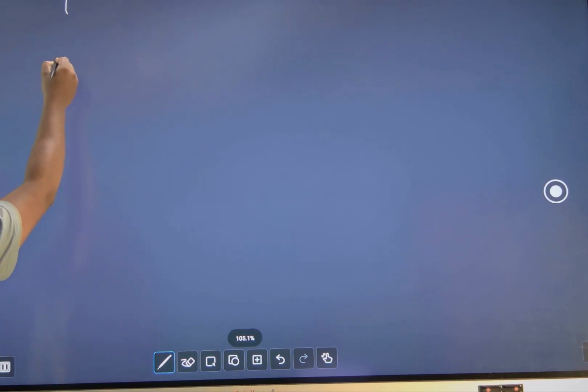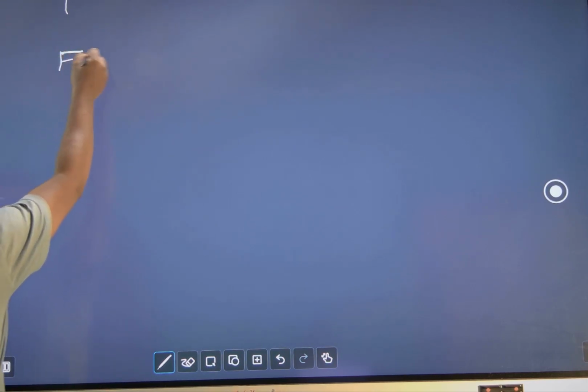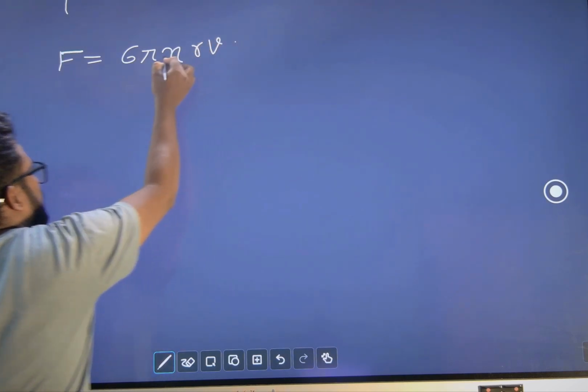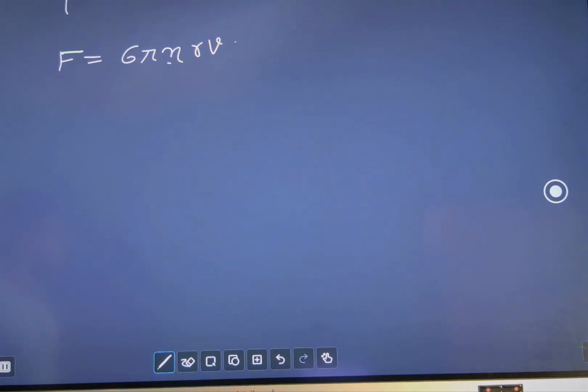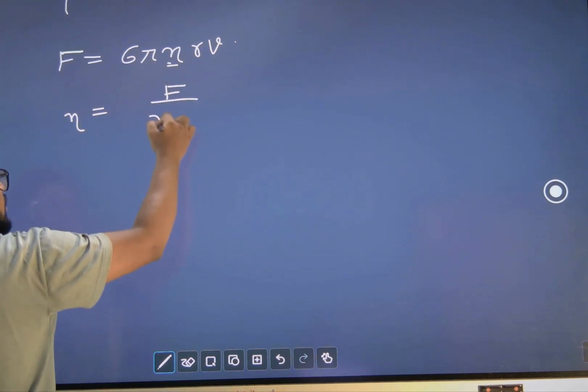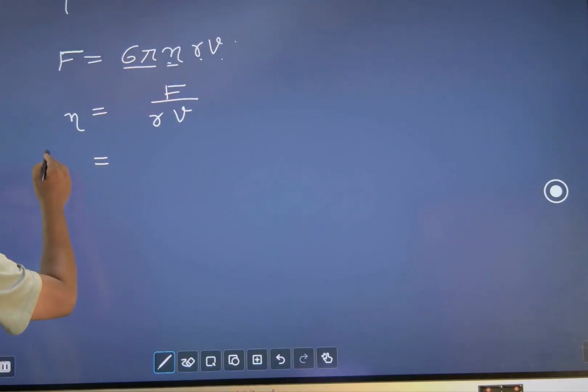Next one we have is Stokes law. F equals 6 pi eta r v. This is Stokes law. Here eta is called the coefficient of viscosity. So coefficient of viscosity would be given by F upon r v, radius and velocity. Here 6 pi is a constant, so no need to write it dimensionally.